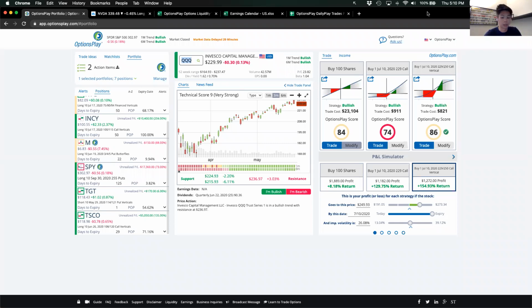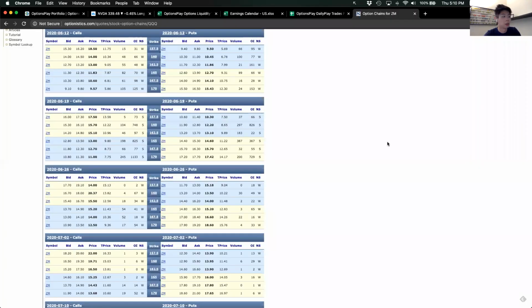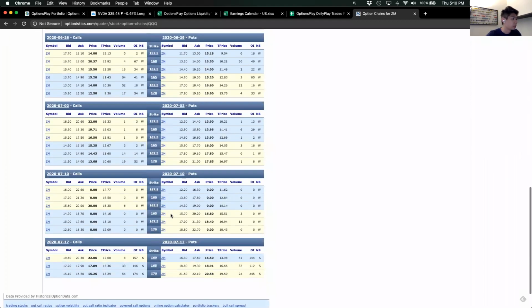Okay, here's an example. Here is Zoom going out to, let's say, the July 10th or the July 2nd or even the June 26th weekly options. And what you'll see is the open interest here is relatively low, right? 0 here for the June 10th, just a few contracts here for June 2nd, a little bit more for June 26th.